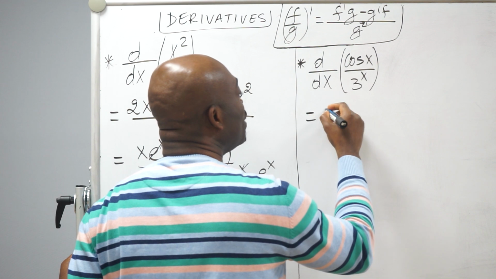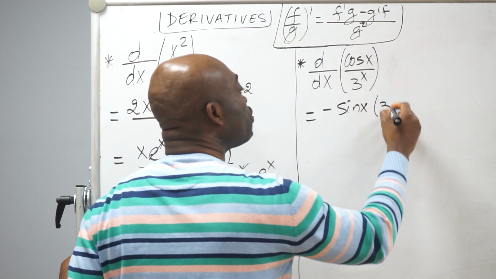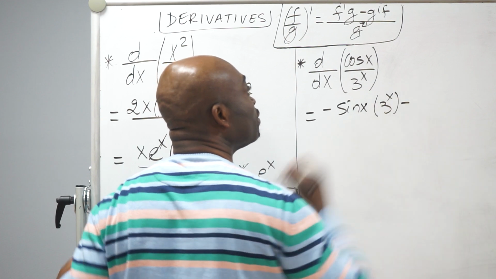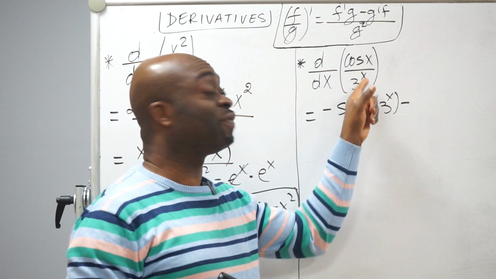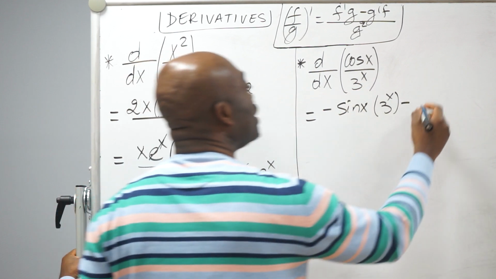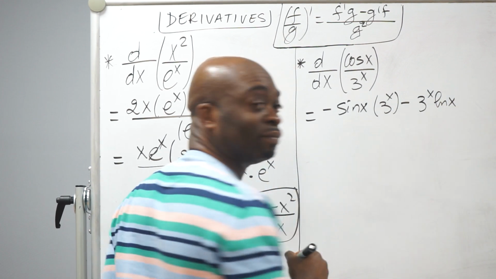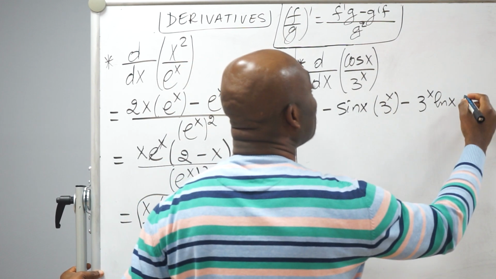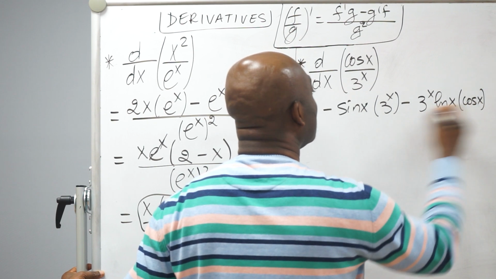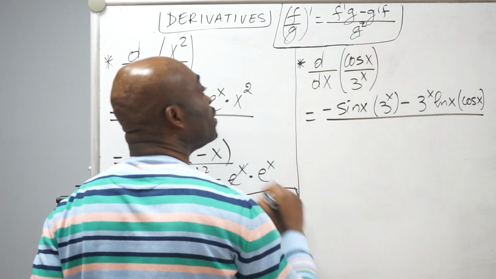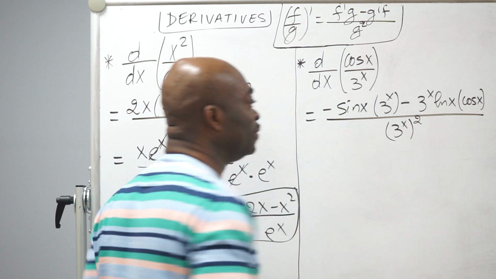So this is equal to negative sine x times 3 to the power x, minus g prime. The derivative of 3 to the power x is 3 to the power x times ln of 3, then multiplied by f, meaning multiplied by cosine x, over 3 to the power x, to the second power.